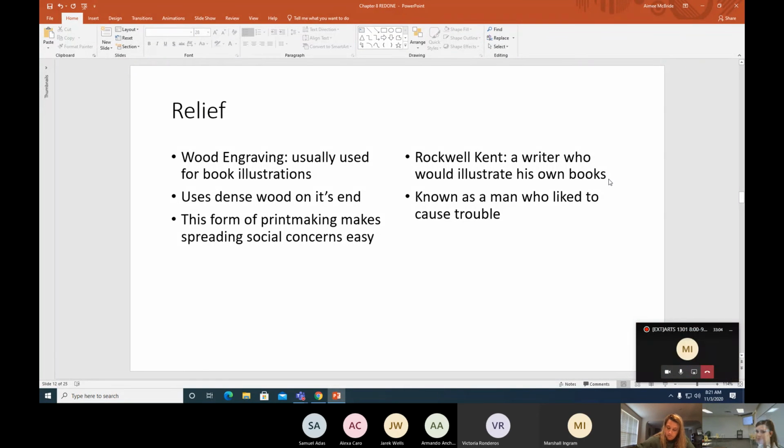And it is wood engraving prints that are most usually used for making multiple copies of something to spread social concern. Of course, today we just use printers.